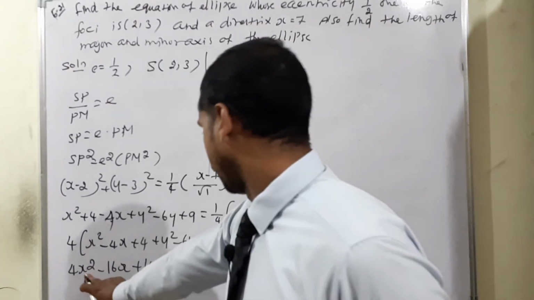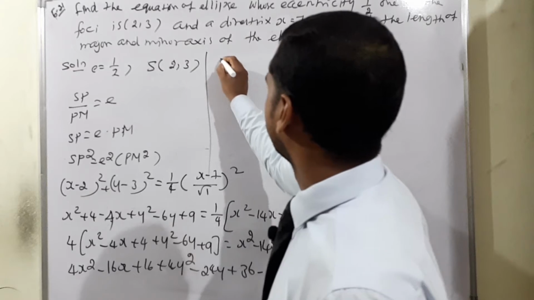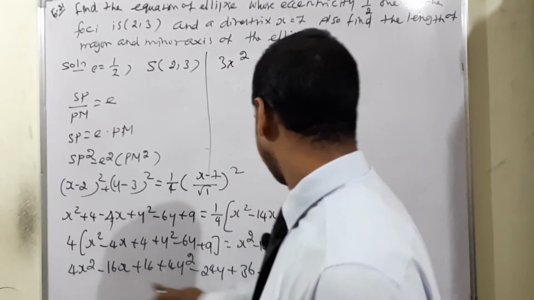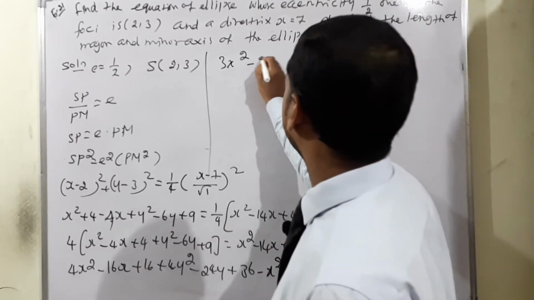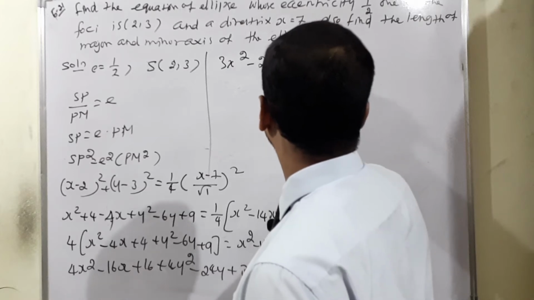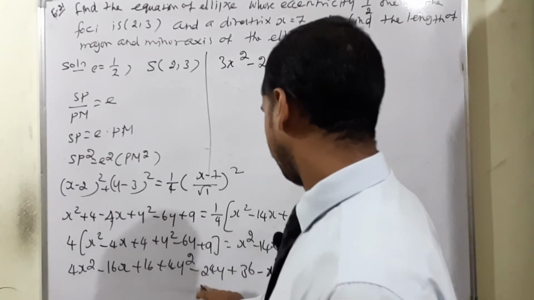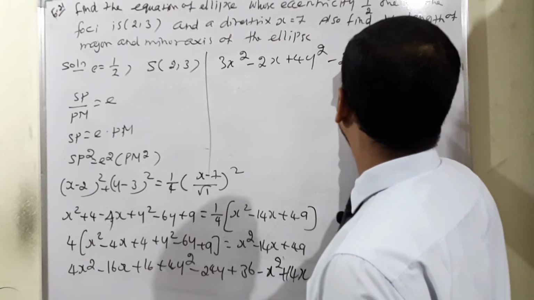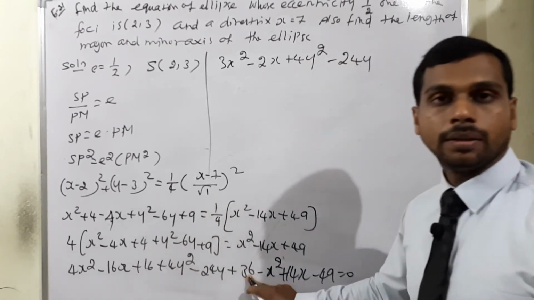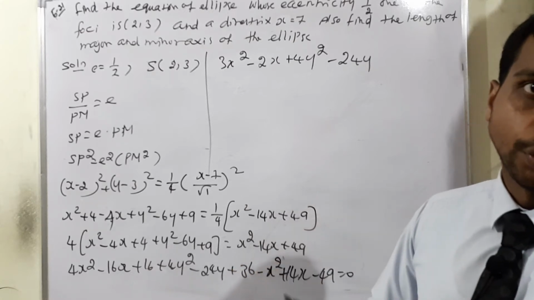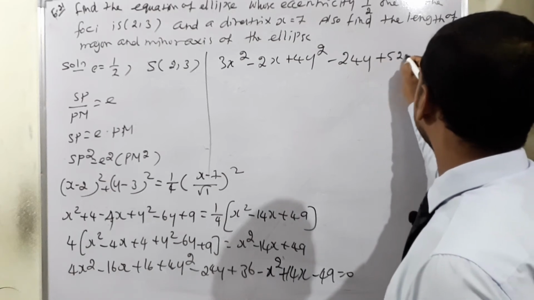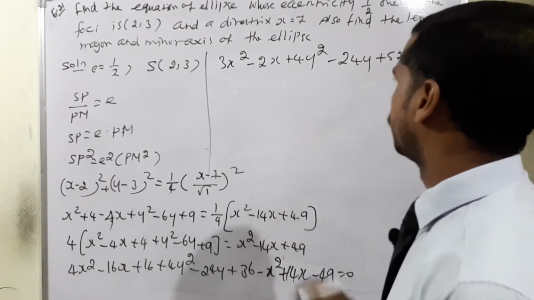Now check it: 4x square minus x square we can write as 3x square, then minus 16x plus 14x is minus 2x, then plus 4y square, then minus 24y, then constants 16 plus 36, which is 52, minus 49 is equal to 0.